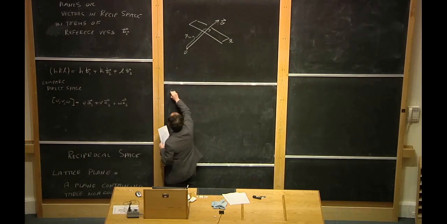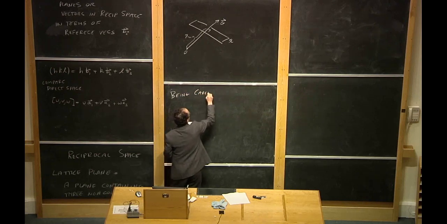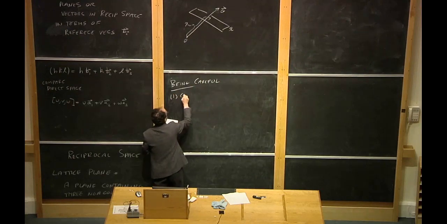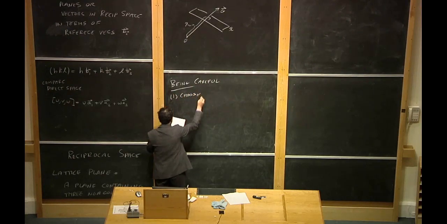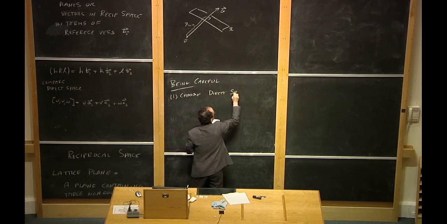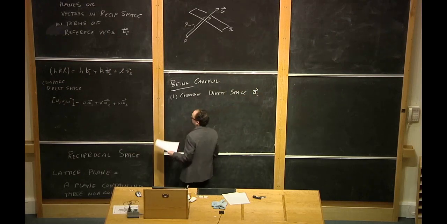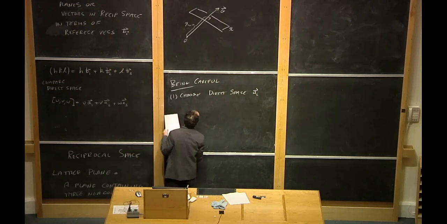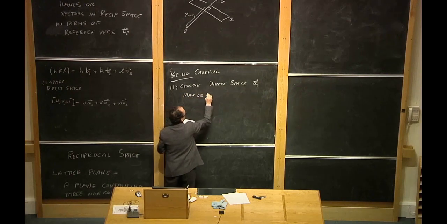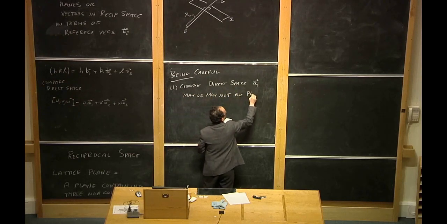So let's be careful here, being careful about our definitions. The rules kind of go like this. First, choose direct space vectors a_i, which may or may not be PLVs.